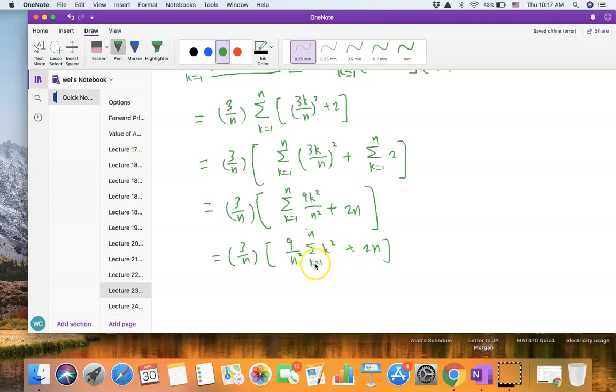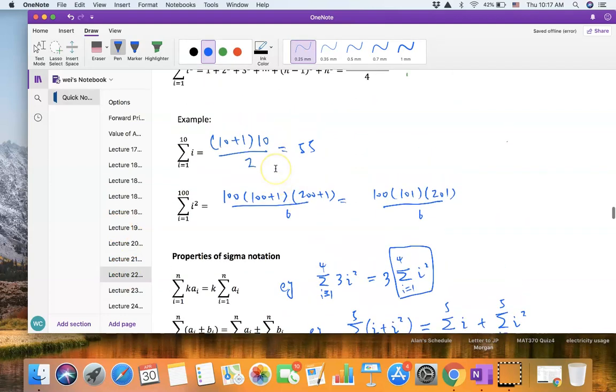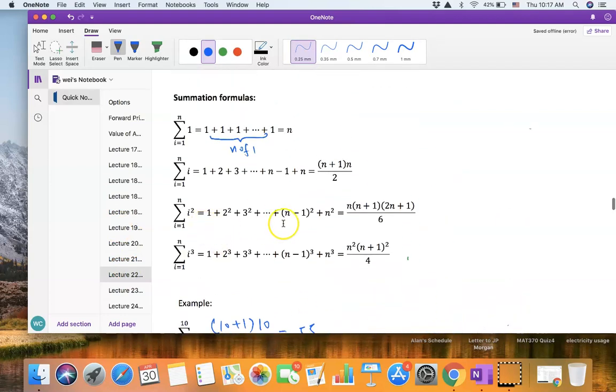Okay. Now once we get here, the summation of k squared, we can use this formula to find what it is.